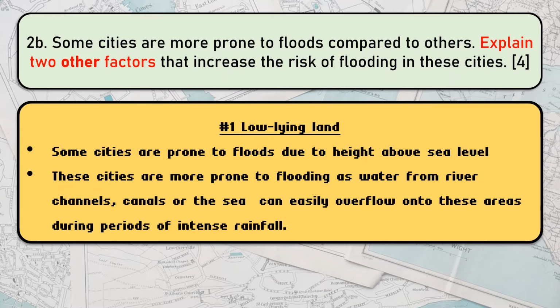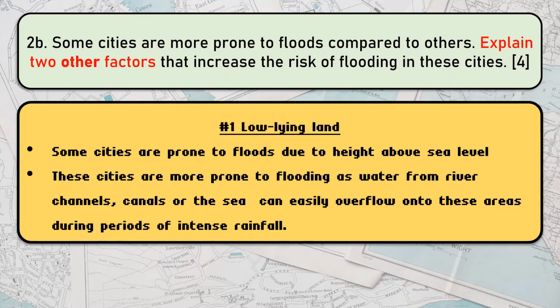They are asking for you, why are some cities more likely to flood as compared to others? So for this section, you would actually mention factors such as low-lying land, lack of permeability of surfaces, and proximity to water bodies. So these are things that cause cities to be more vulnerable to flooding.